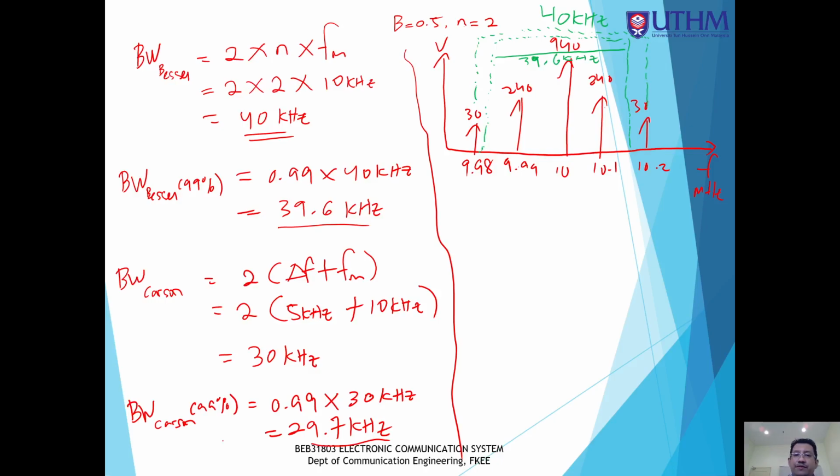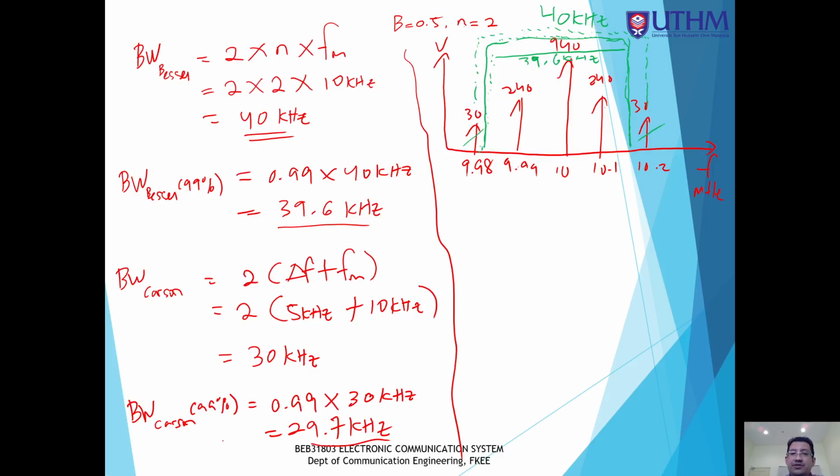Okay, so if you have a band pass filter, you cut off at 99% like this. That means the smallest sideband here will be removed by the filter.